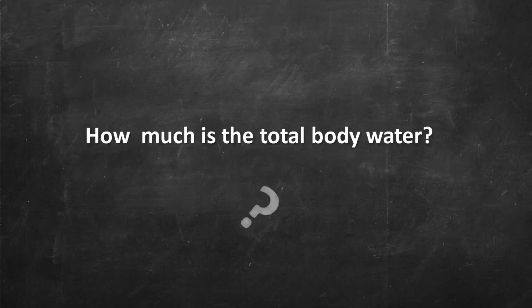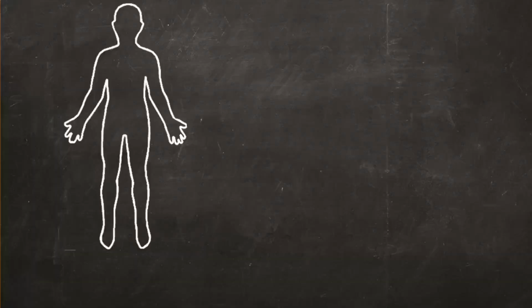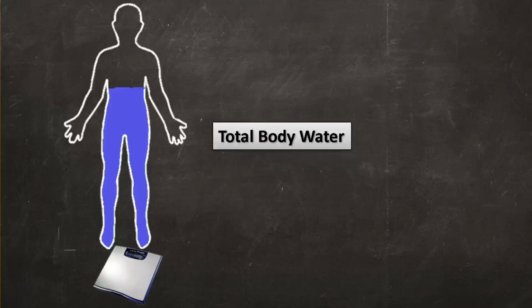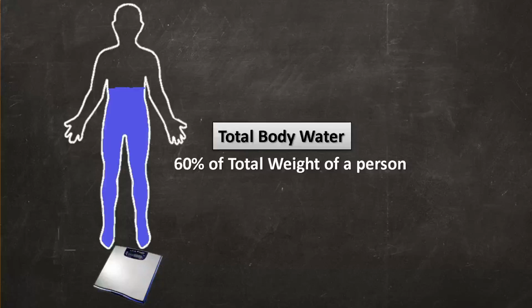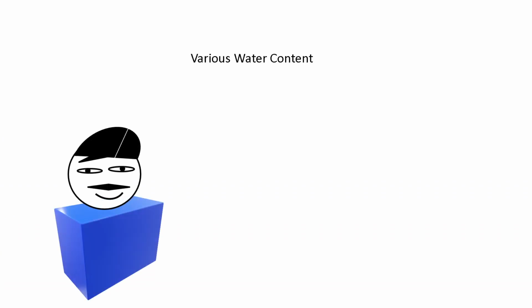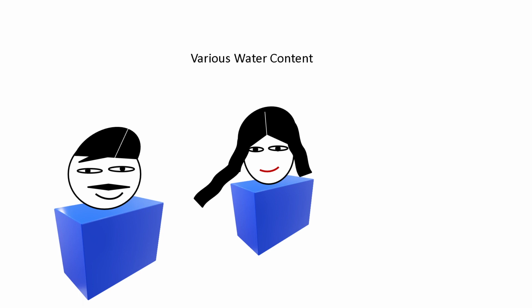One big question: how much is the total body water? How can we know it? The clue to total body water is in a person's weight. 60% of the weight of a person is his total body water. The body water content based on weight varies in male, female, and children.